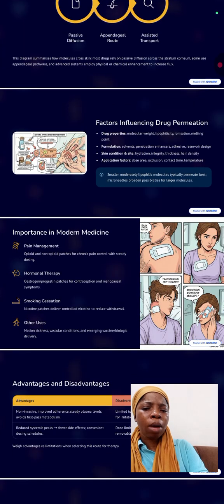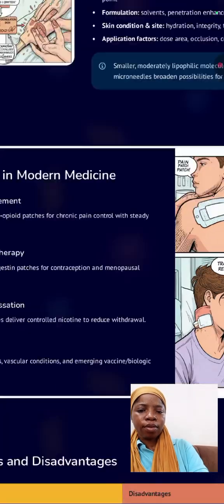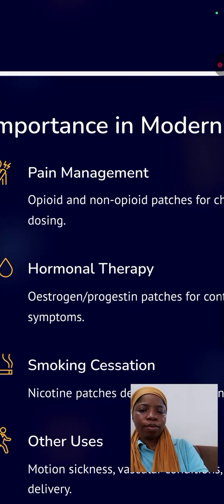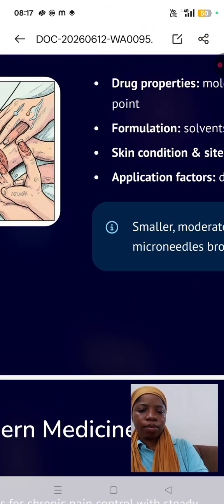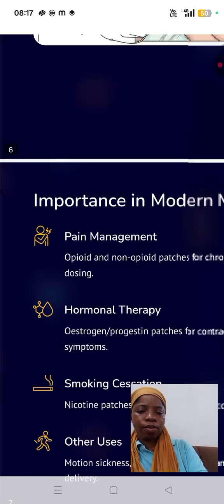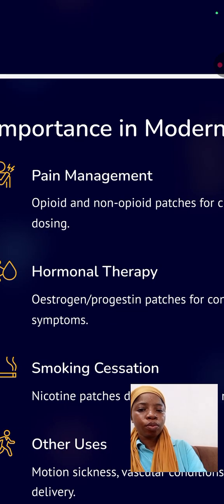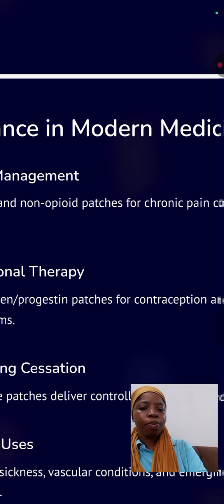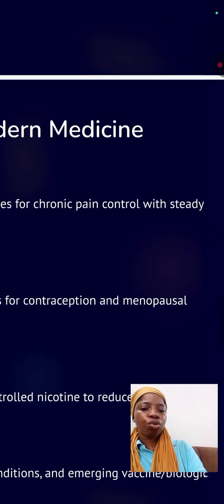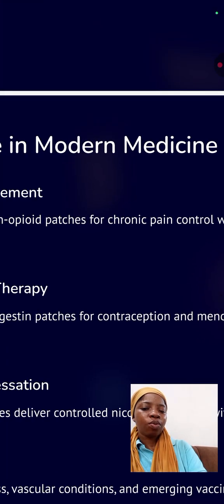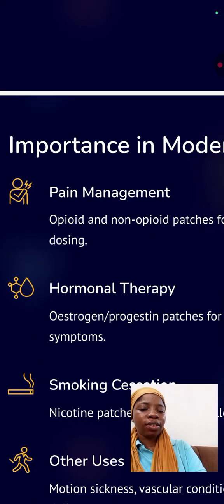And now we are going to talk about the importance in modern medicine. The importance in modern medicine, which is one, pain management: opioid and non-opioid patches for chronic pain control with steady dosing. Hormone therapy.